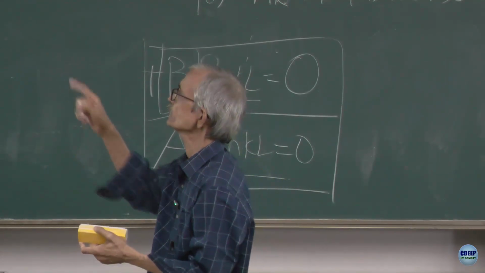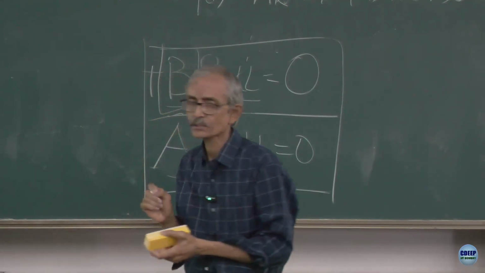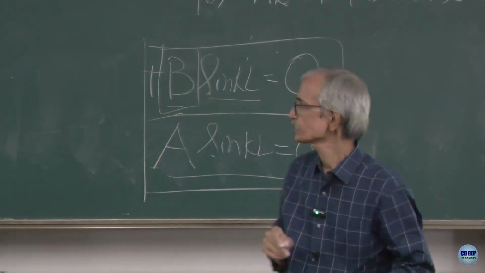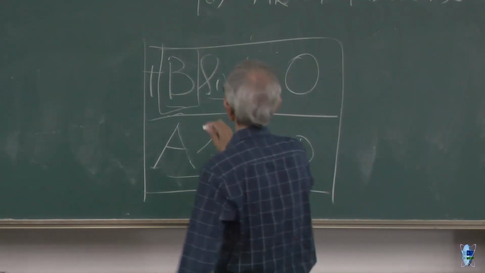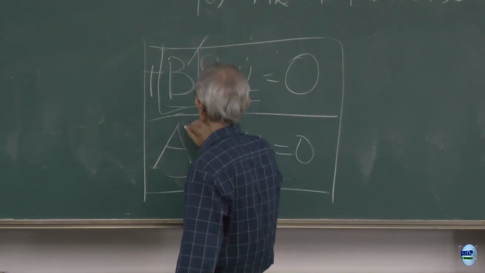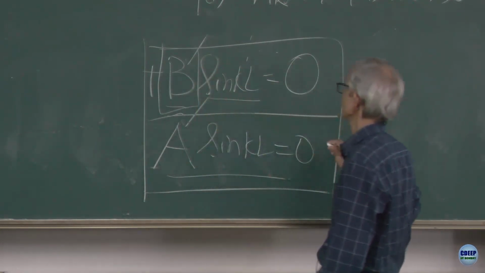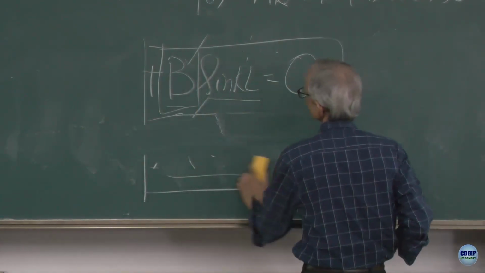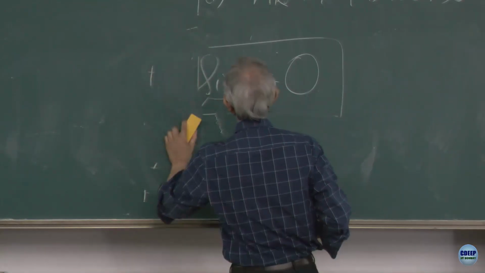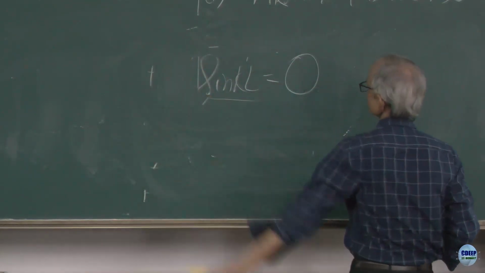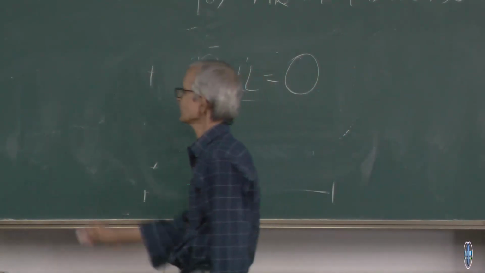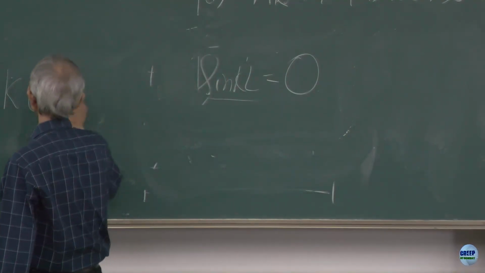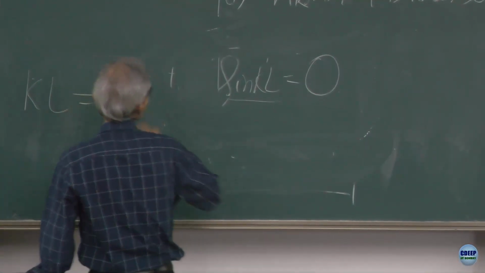So I just jumped the gun a little bit when I said that b is non-zero there, but it's not wrong. So sin kl is equal to 0, which means kL equal to n pi.